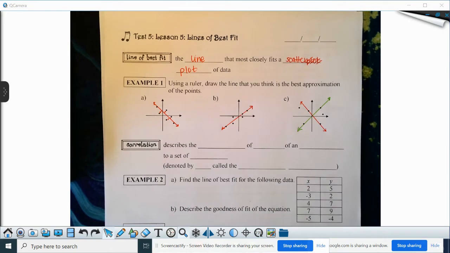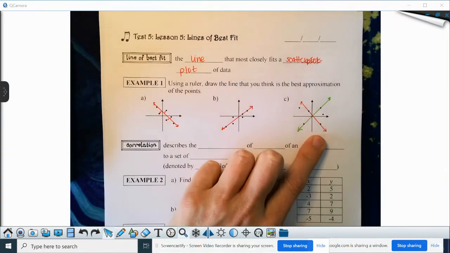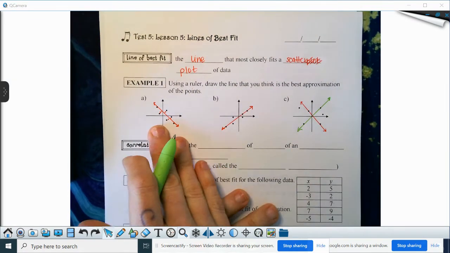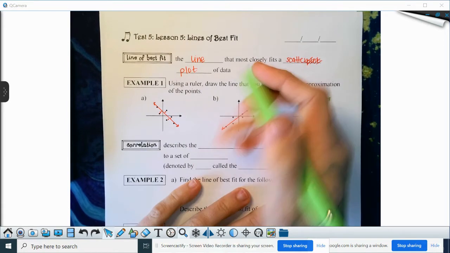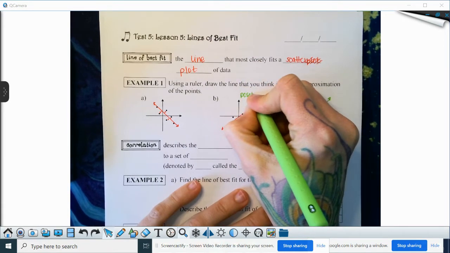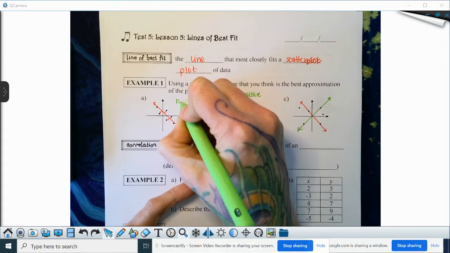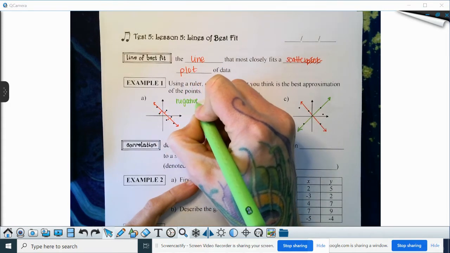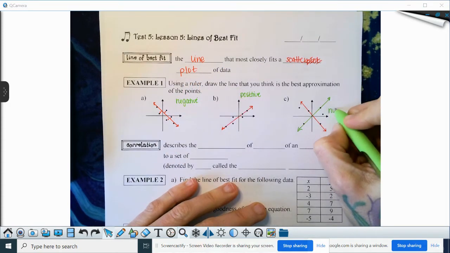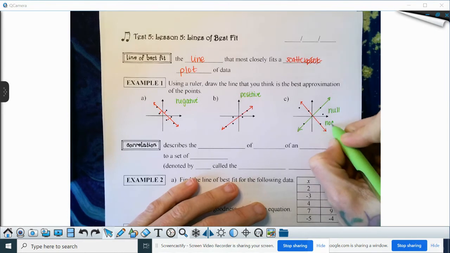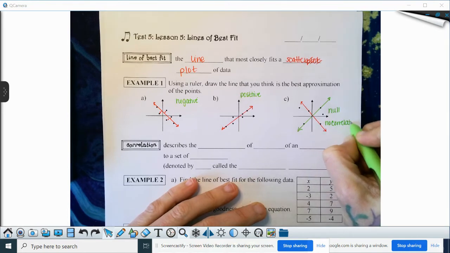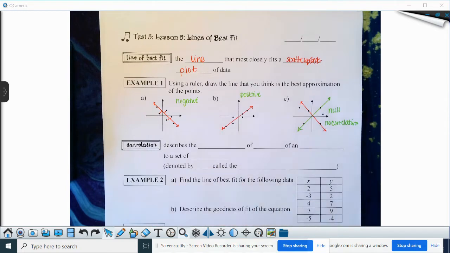In my humble opinion, this is a terrible correlation because you do have a positive and negative correlation. So positive correlation, negative correlations. And then in your video today, they call it null, or you could just put no correlation. So that means it has no real relationship to each other.